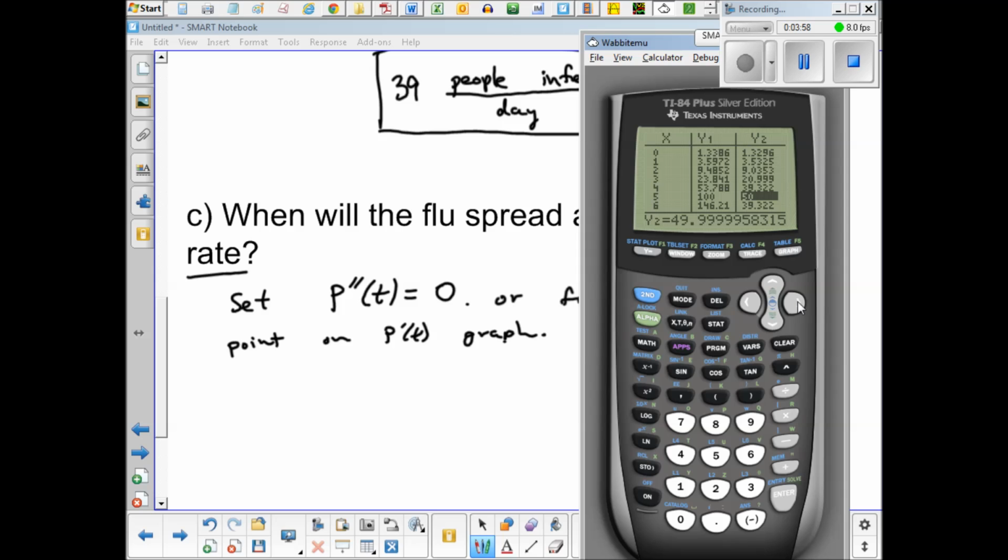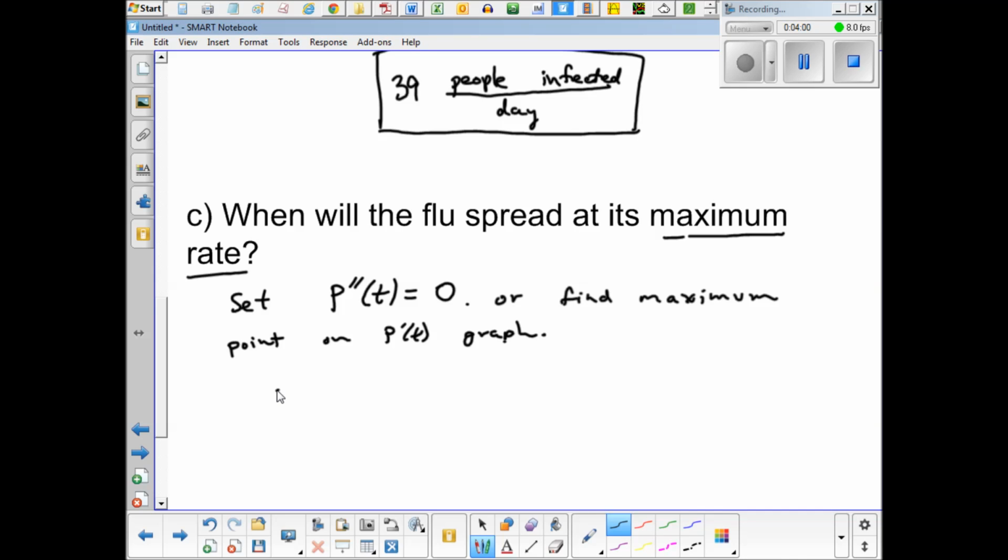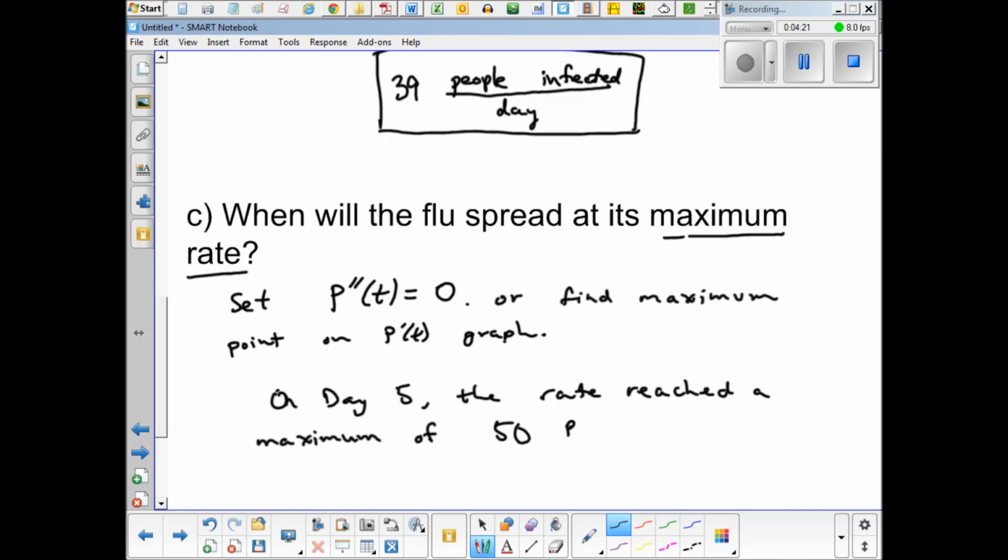Okay, so we'll write it down. On day 5, the rate reached a maximum of 50 people infected per day.